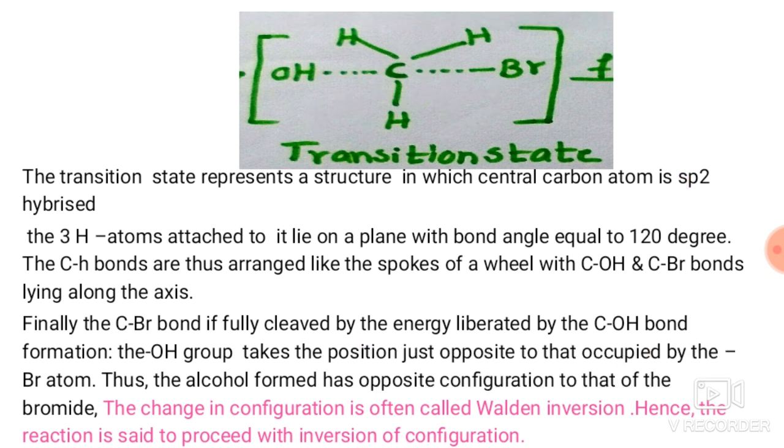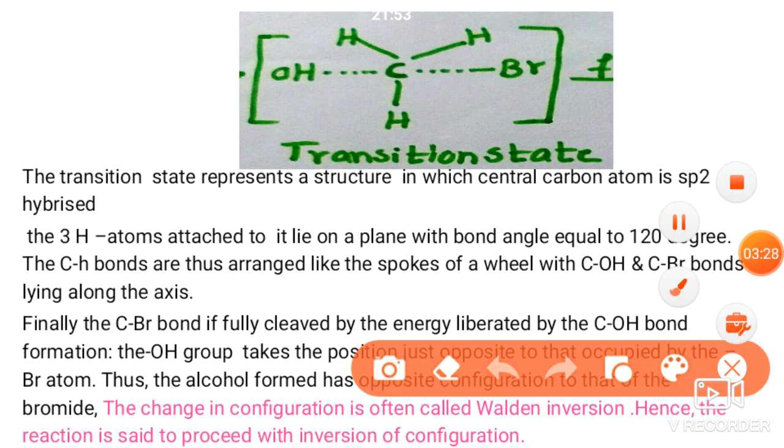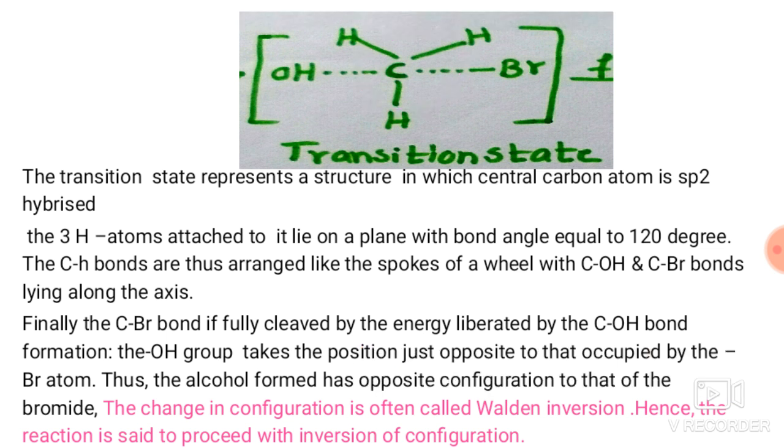The three hydrogen atoms attached to it lie on a plane with bond angle equal to 120 degrees. The carbon-hydrogen bonds are thus arranged like the spokes of a wheel, with the carbon-hydroxy bond and carbon-bromine bonds lying along the axis.